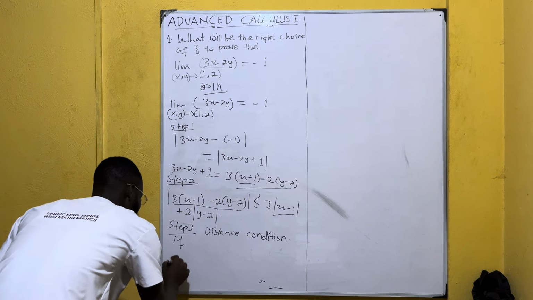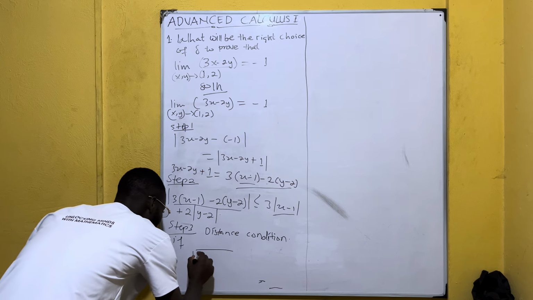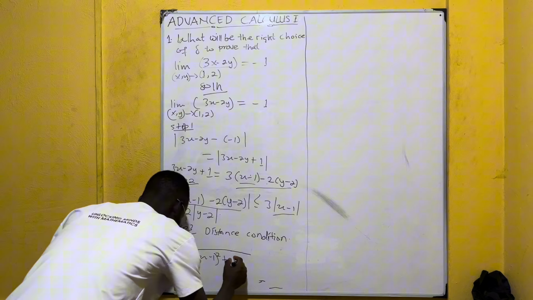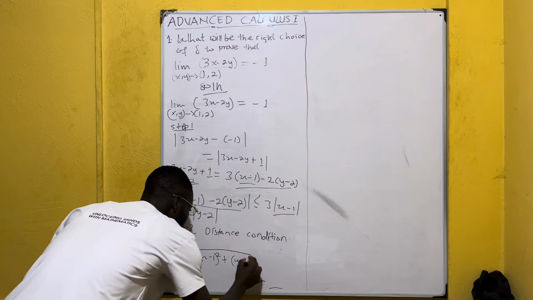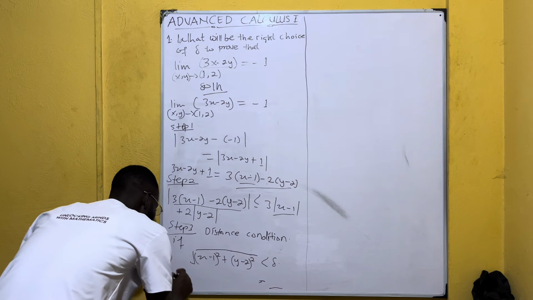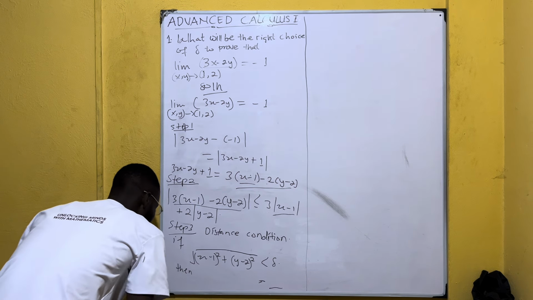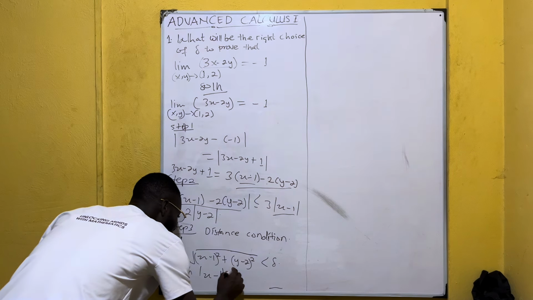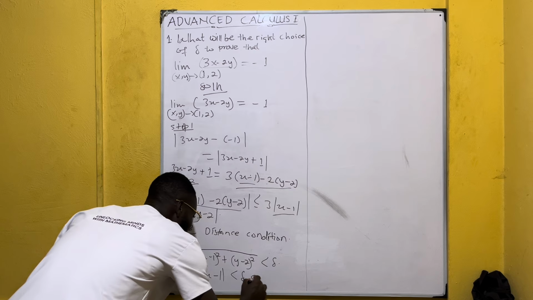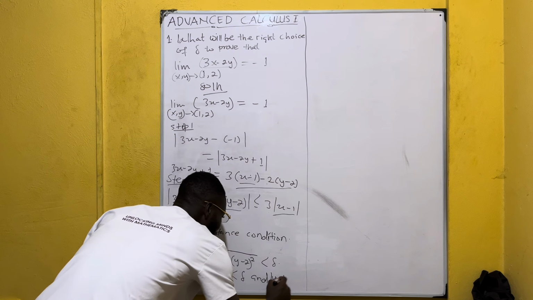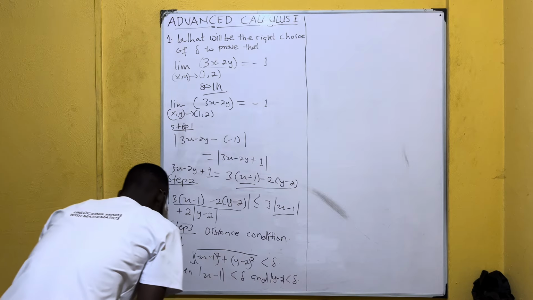That is, if the square root of (x minus 1) all squared plus (y minus 2) all squared is less than delta, then we can say that the absolute value of x minus 1 is less than delta, and the absolute value of y minus 2 is also less than delta.